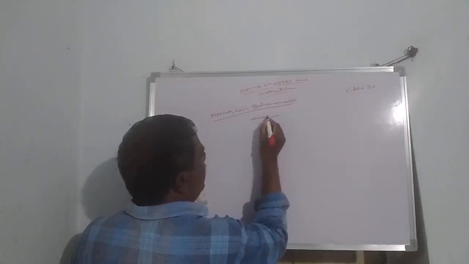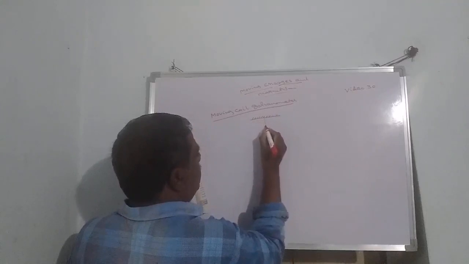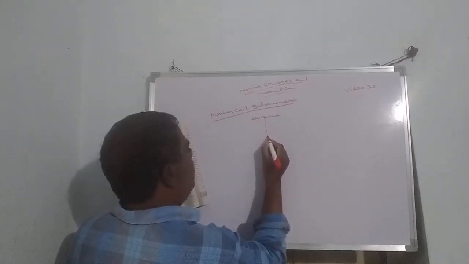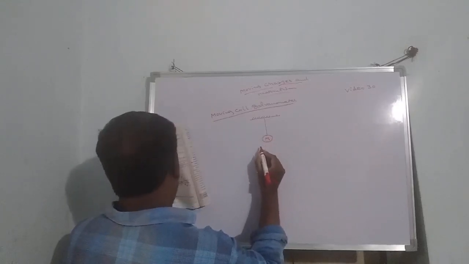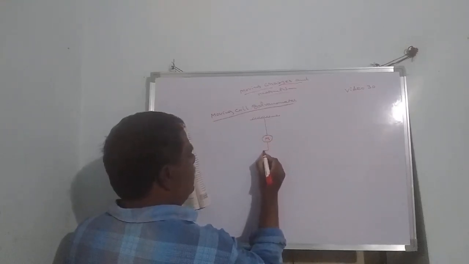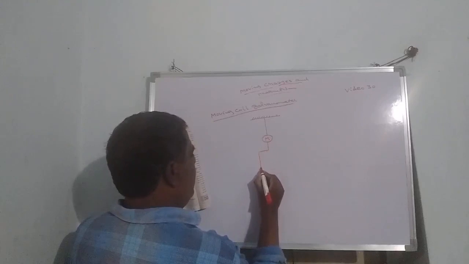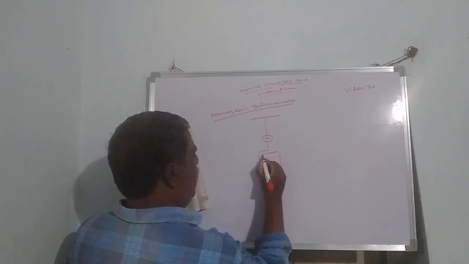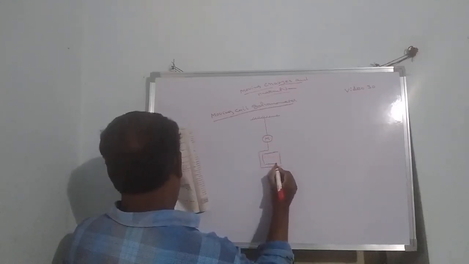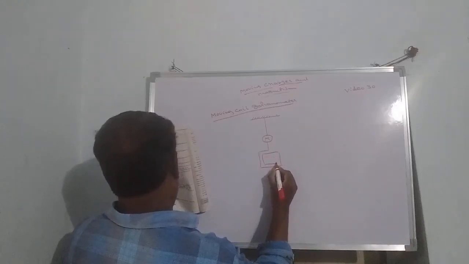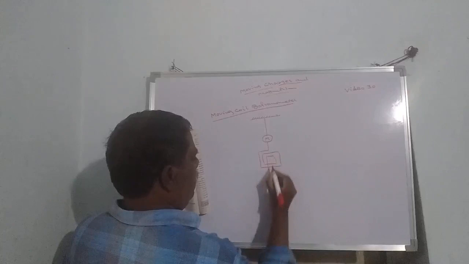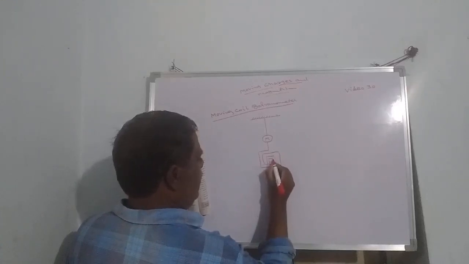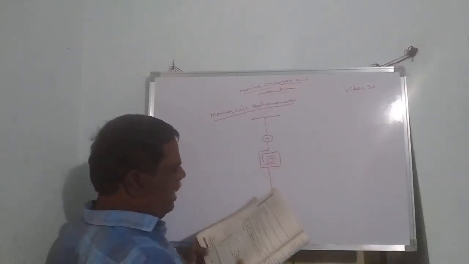The moving coil galvanometer consists of a phosphorus bronze wire provided with a mirror. M indicates the mirror. It has a rectangular coil like this. Inside there will be a soft iron cylinder without touching the coil.